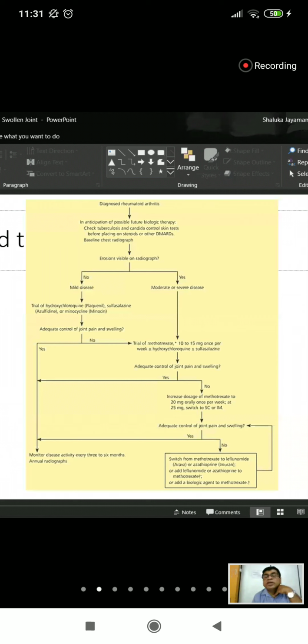But then if there is a severe disease, which means early erosions are seen, then you have to start disease-modifying drugs immediately with methotrexate and go ahead with methotrexate. That's the normal treatment for rheumatoid arthritis.